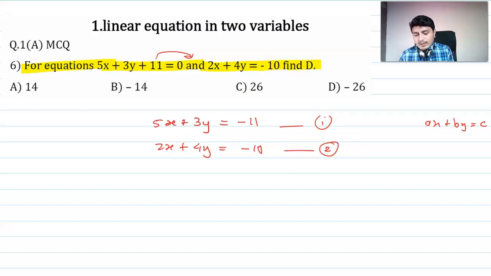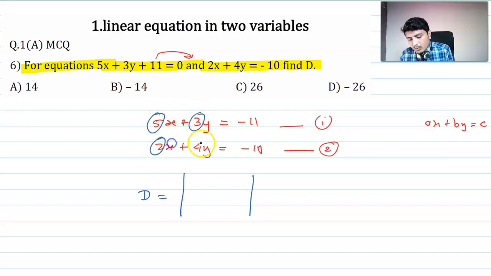Now to evaluate the value of D, as per Cramer's rule, what is the value of D? D becomes the determinant of coefficients of x and y from equations 1 and 2. So the value of D is of the form determinant of. Now which are the coefficients of x and y from equation 1 and equation 2? I will circle them: 5, 3, 2 and 4.